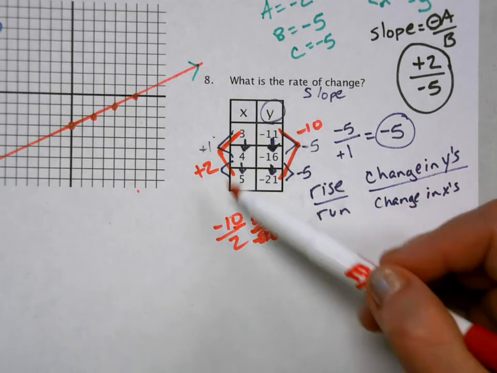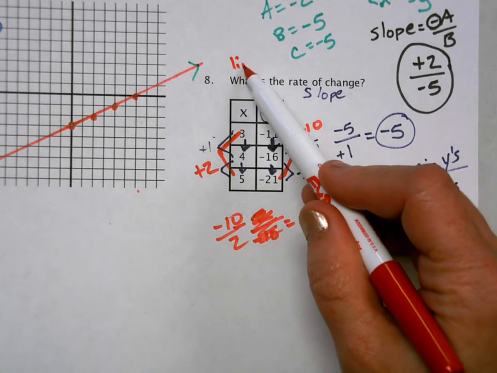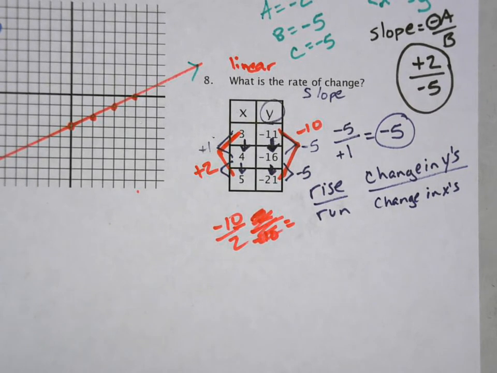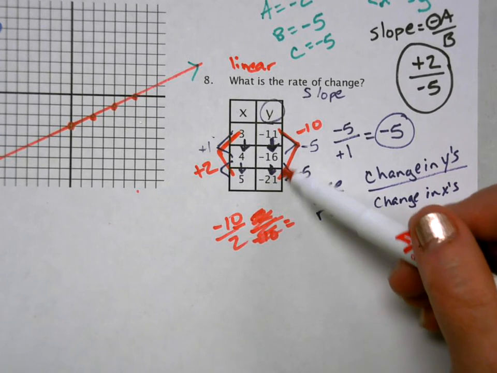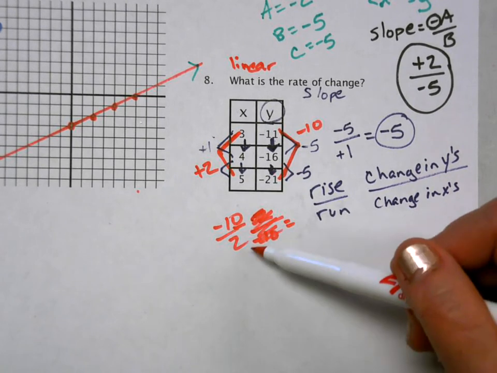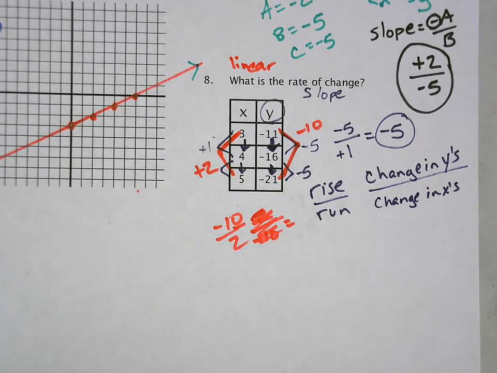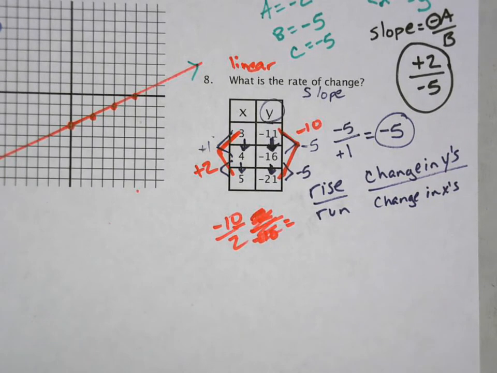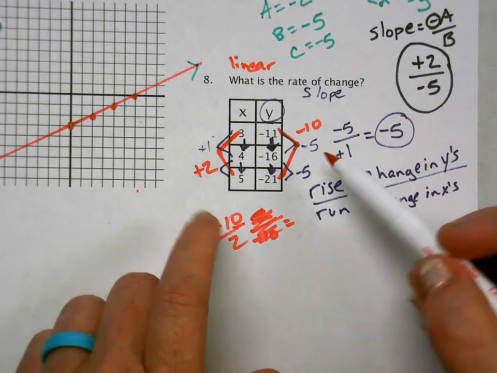If it gives you a table and you know that it's linear, and all we're dealing with right now is linear, then even if you choose different numbers, it should always reduce down to the same thing. Is it ever going to happen where it's negative 11, negative 16, and negative 23?